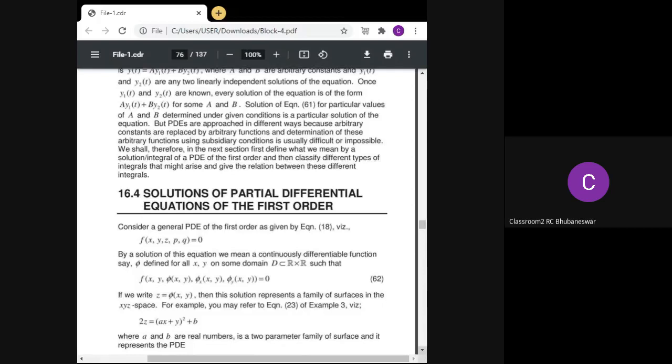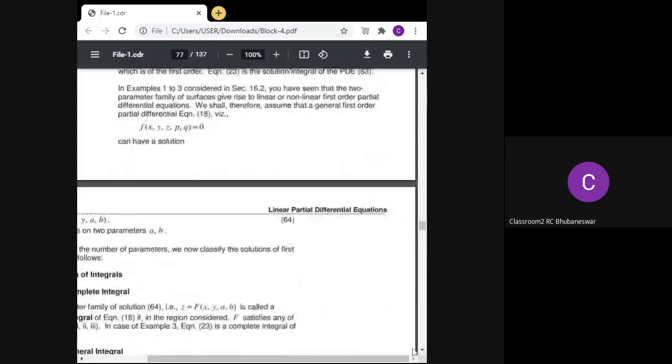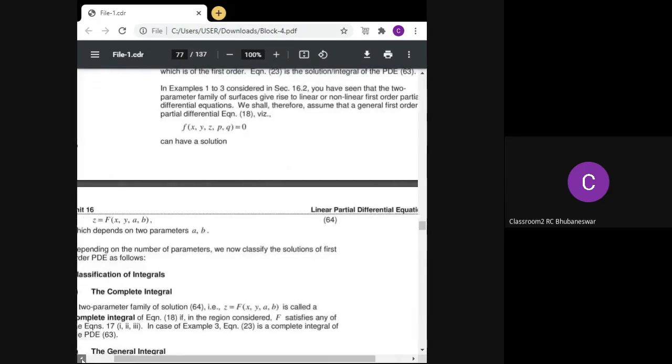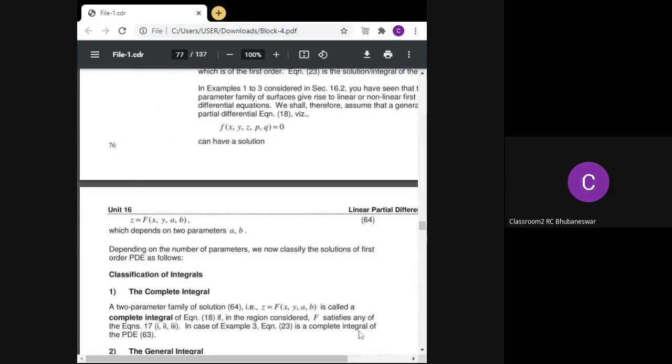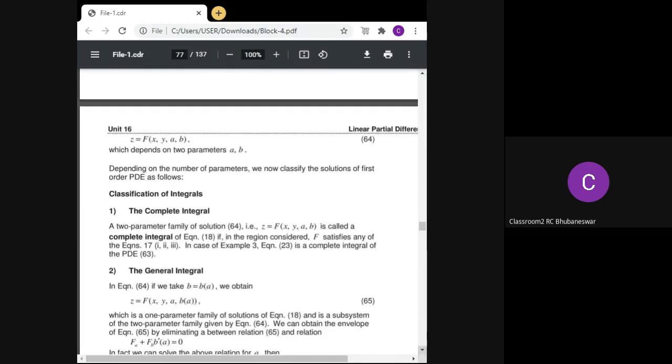Some examples have been given, but let us first know what kinds of solutions are possible when we solve a linear, quasi-linear, or semi-linear partial differential equation.